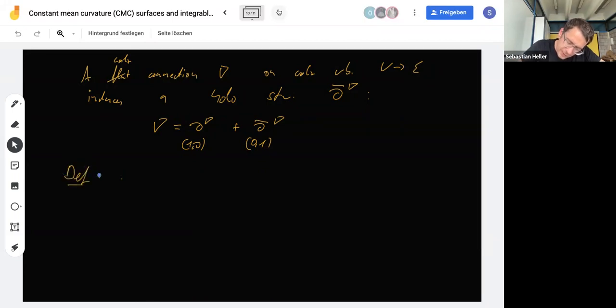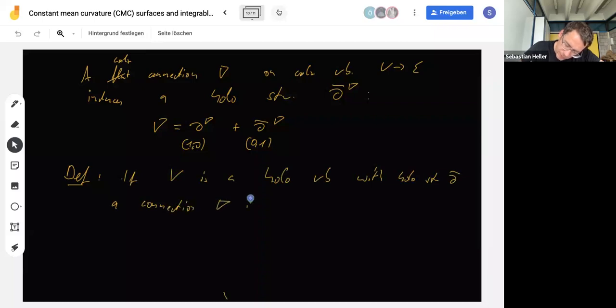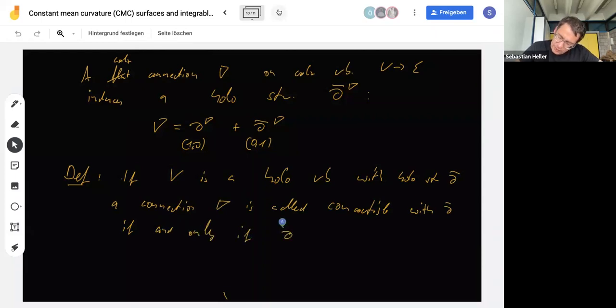If V is a holomorphic vector bundle with holomorphic structure del bar, a connection nabla is called compatible with del bar, or with the holomorphic vector bundle structure, if and only if this induced holomorphic structure from the connection is just the given one from the holomorphic vector bundle structure.